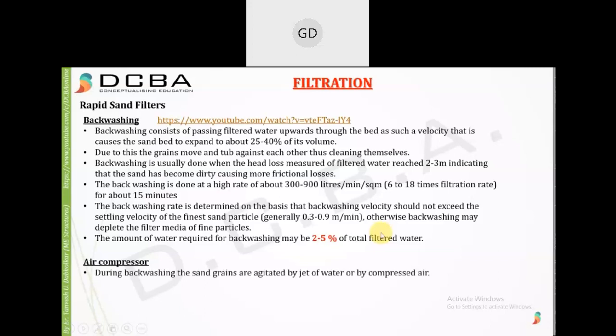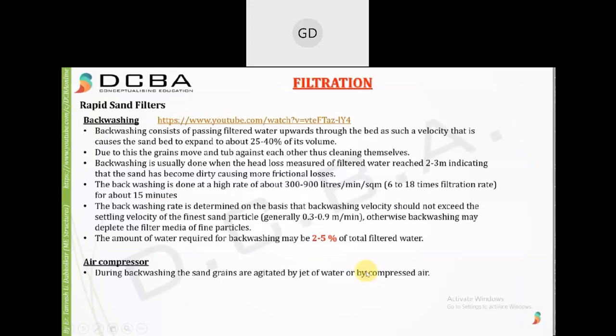Sometimes air compressors are also required during backwashing, where the sand grains are agitated by the jet of water or by compressed air. This agitation of the sand grains is required because while filtering, those sand grains settle and get set very easily.